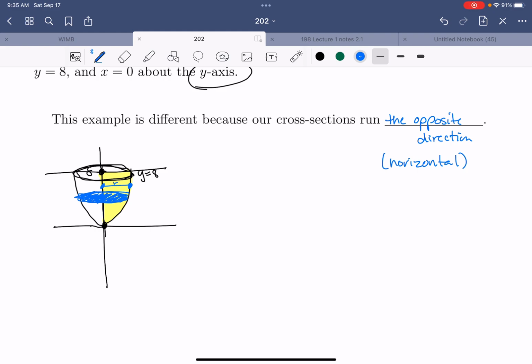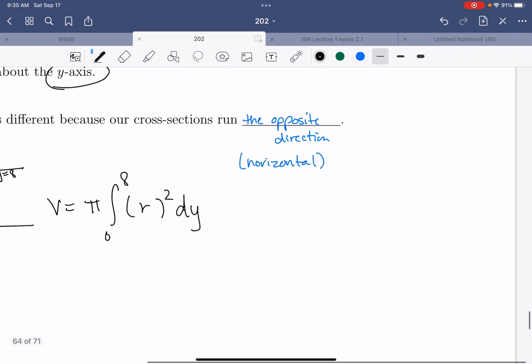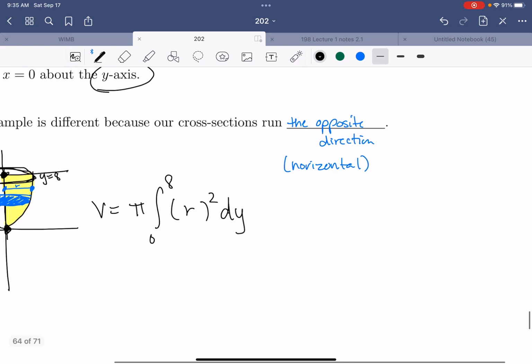So let's see. Our volume then is going to be pi times the integral from 0 to 8. These are y values. We're going from the bottom of our shape to the top of our shape. And then we want the radius squared, and this is going to be dy. Now our radius is the function, and our function was y equals x cubed.